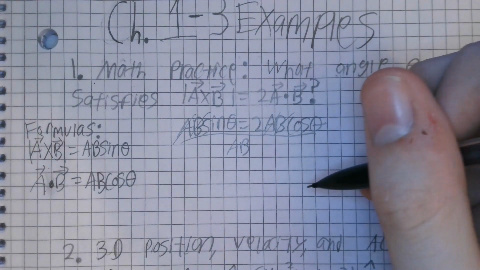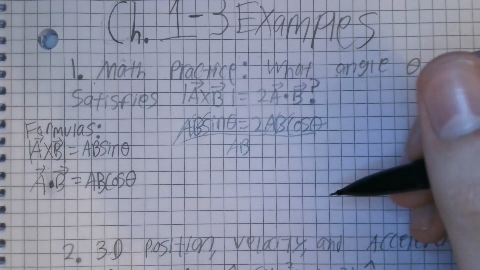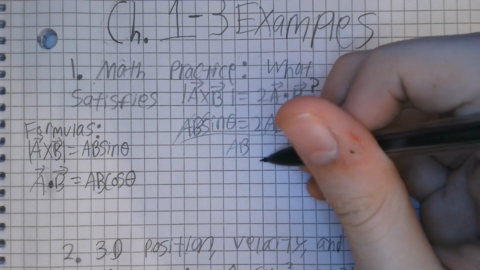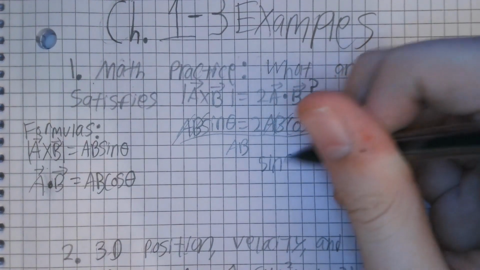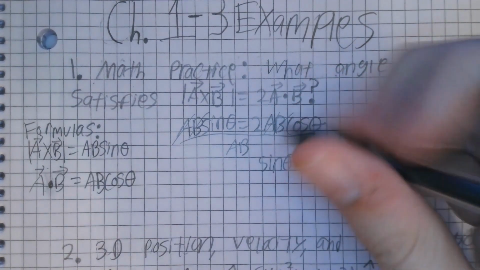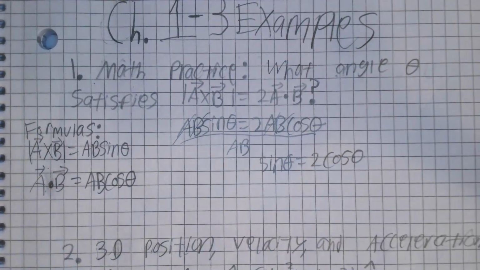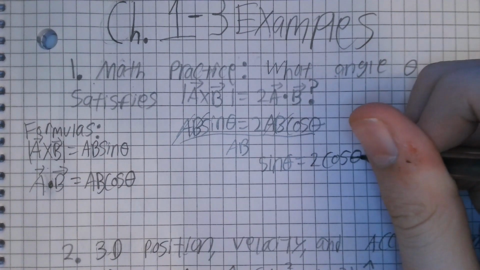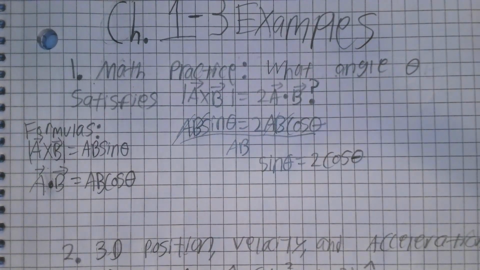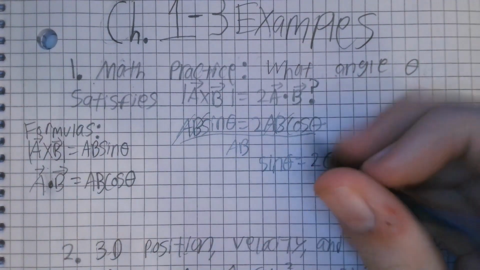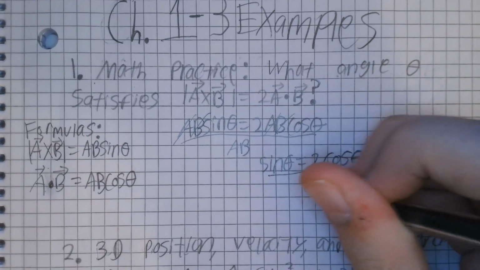Okay? And here's where we're going to get into the angle that satisfies this. We're going to say that the sine of theta should be equal to 2 times the cosine of theta. So what I can do here is divide either side by cosine theta.